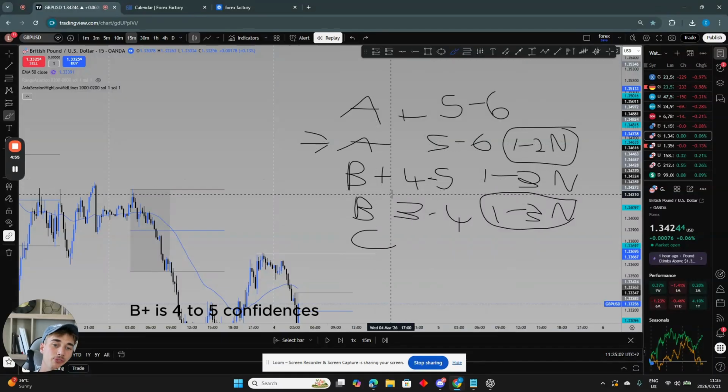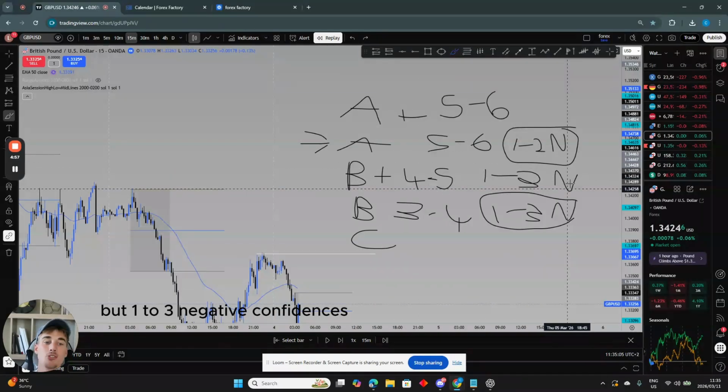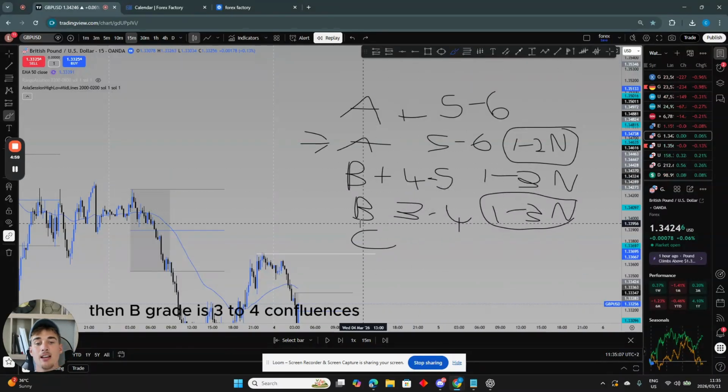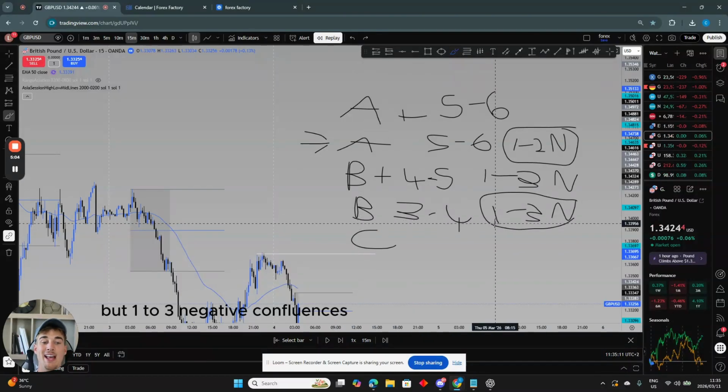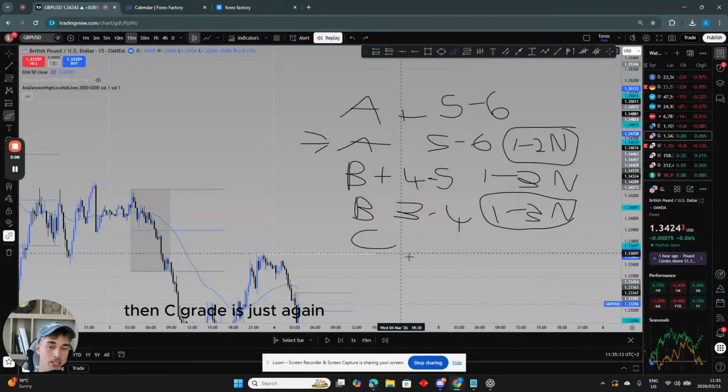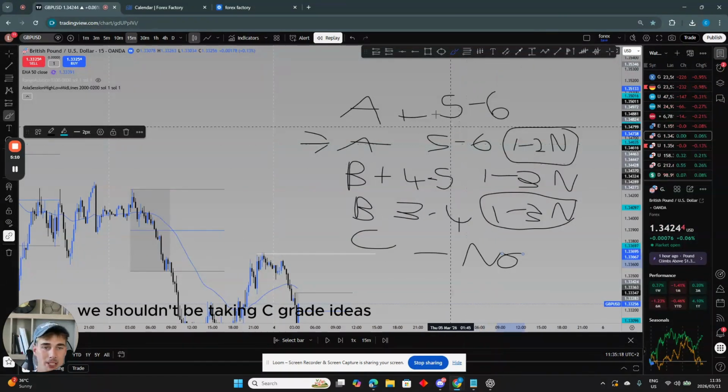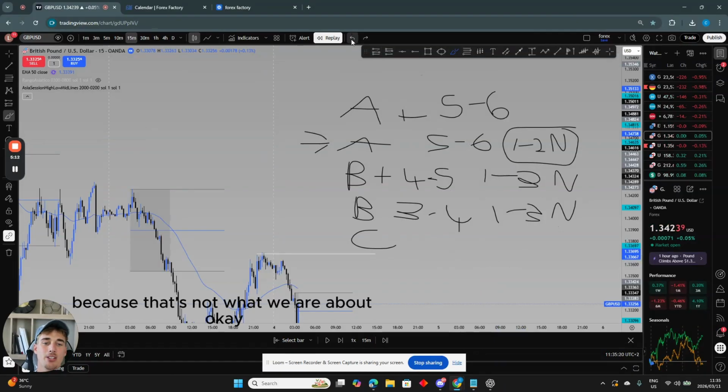B plus is 4 to 5 confluences, but 1 to 3 negative confluences. Then B grade is 3 to 4 confluences, but 1 to 3 negative confluences. Then C grade is just, again, what is it? No. We shouldn't be taking C grade ideas because that's not what we are about, okay? It's a fail. If you get a C, it's a fail.